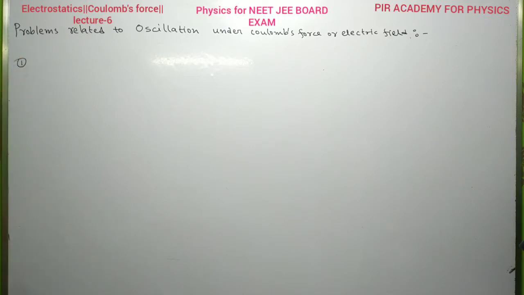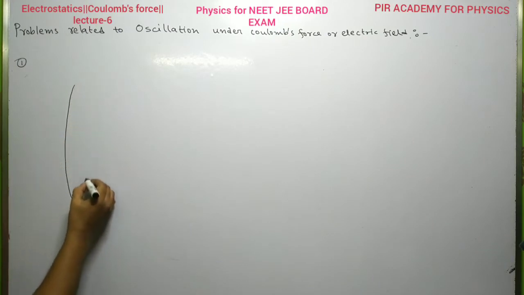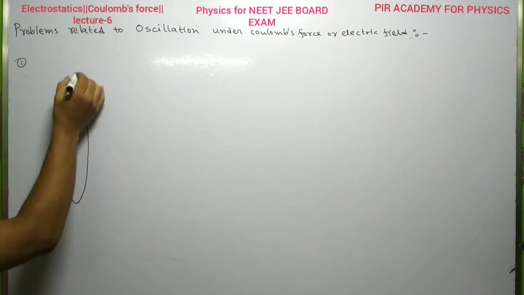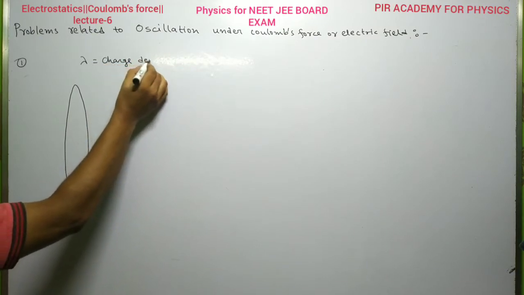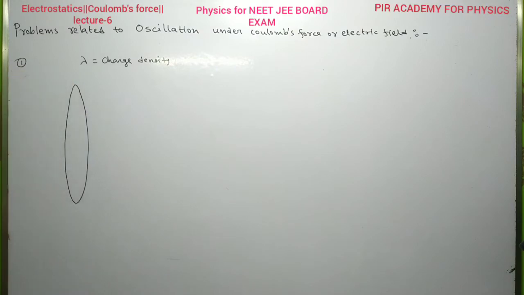Number 1: suppose this is a circular wire. This circular wire contains charge of charge density lambda, so this wire is uniformly charged.